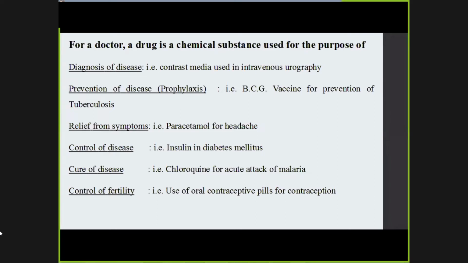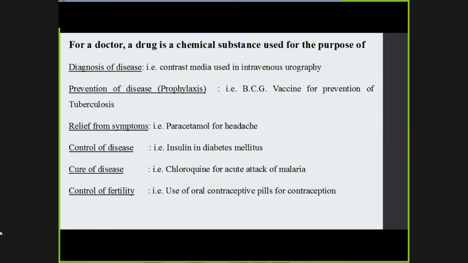Prevention of disease is also known as prophylaxis. In this COVID era, you must have taken the COVID vaccine. All the vaccines are used for the prevention of a particular disease. The purpose of giving a vaccine is prophylaxis, so that we do not acquire the disease in future.